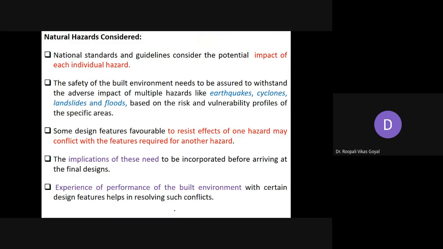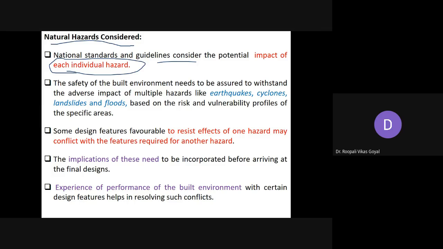So which are the natural hazards to be considered? These national standards and guidelines consider the potential impact of each individual hazard. आपको ऐसा नहीं कि भाई एक ही hazard को consider करना है. You have to consider the impact of each individual hazard.